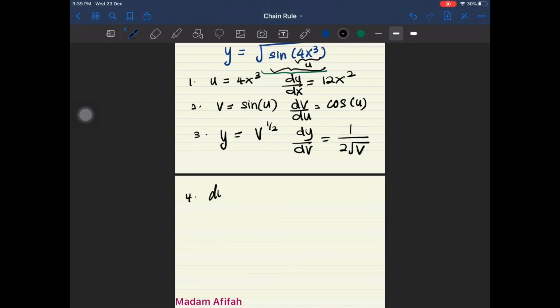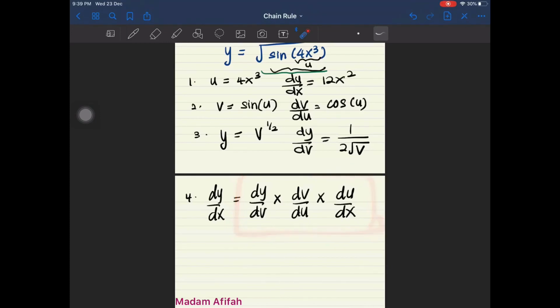So now, what is your dy/dx? dy/dx is equal to, we start with the last one first, dy/dv times dv/du times du/dx. So you need to check your chain first.